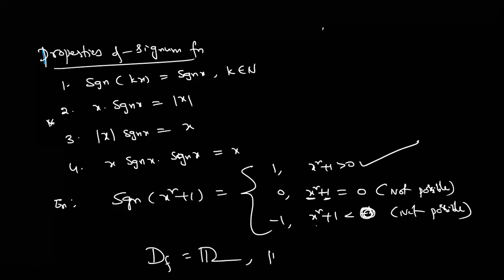But what is the range of this function? Singleton 1 is coming, that is y is equal to 1 only every time. So observation is very, very important here, students. Be careful.